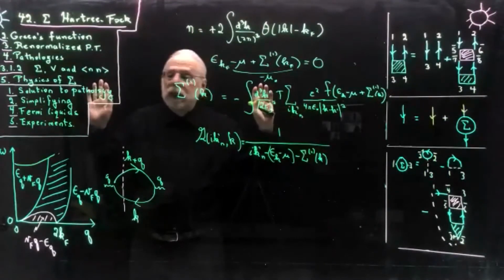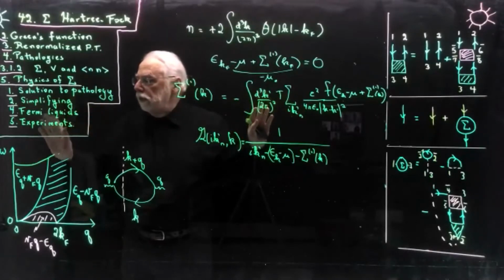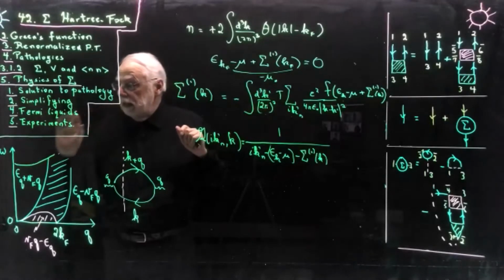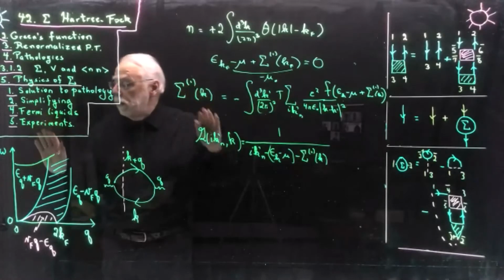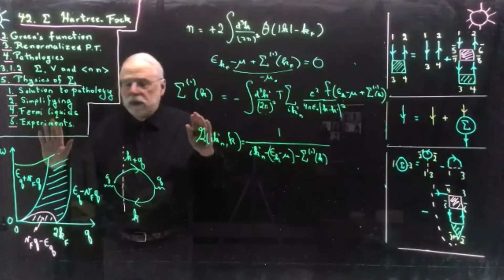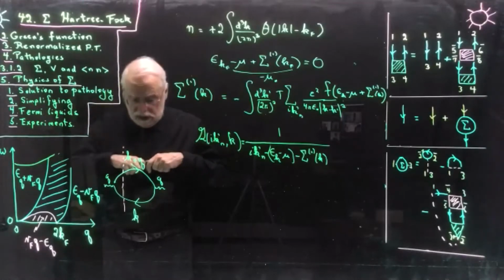It's just as simple as that. And I will simplify a little bit the expressions and show you how we get the Fermi liquid result, which is that at low frequency, the imaginary part of the self-energy goes like omega squared plus t squared. And hopefully, if we get there, we finish the discussion of the electron gas.